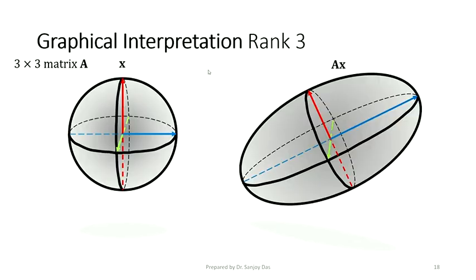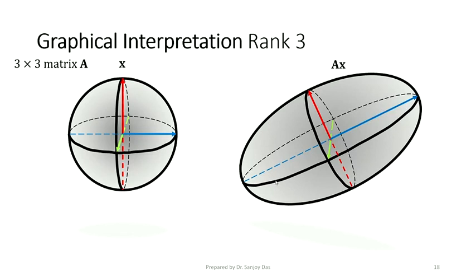Okay, so let's look at the whole thing graphically. Here's a 3 by 3 matrix A. This is X. I take all the points on the surface of this unit sphere, they'll all be unit vectors. And then let those be X, and then AX will be the surface of this 3-dimensional ellipsoid.